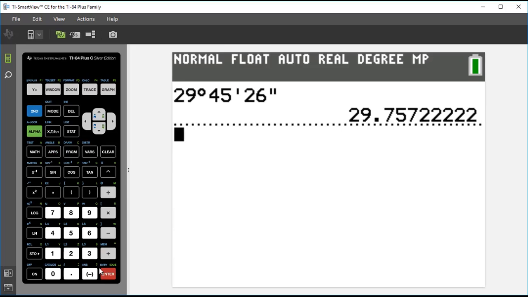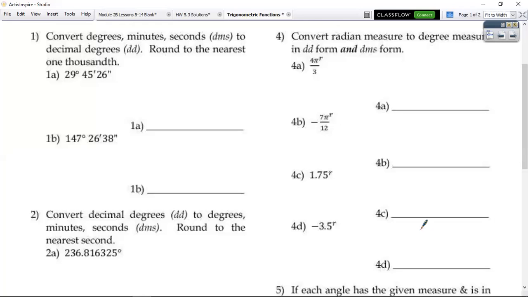That right there is what we refer to as decimal degree notation. So your first answer is 29.757. So any difficulty doing that? I didn't think so. Okay, so I'm going to skip number 1B. You can go back and do that one just to get practice.